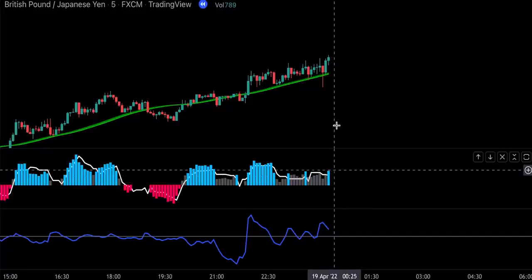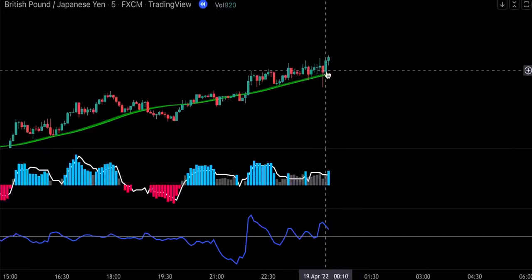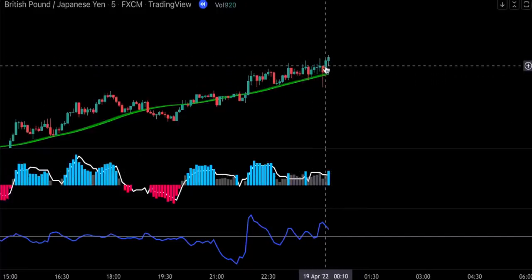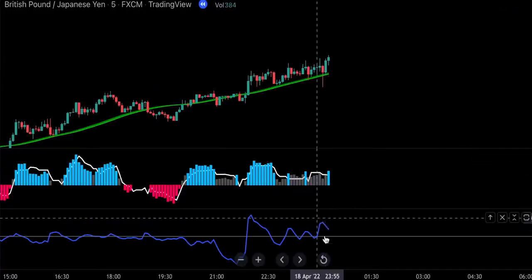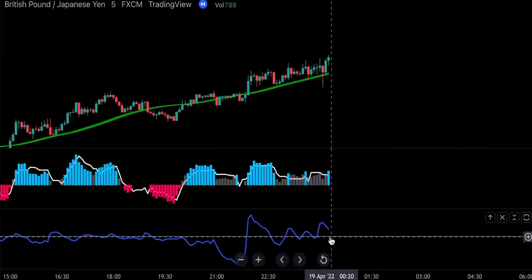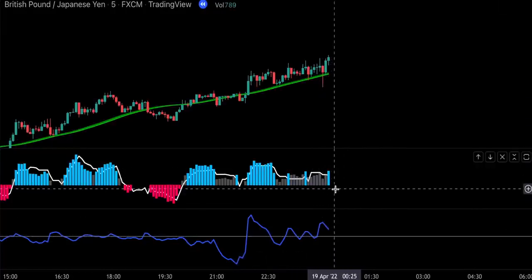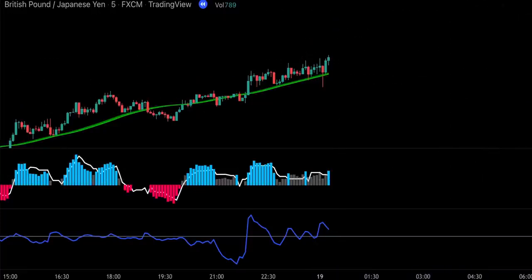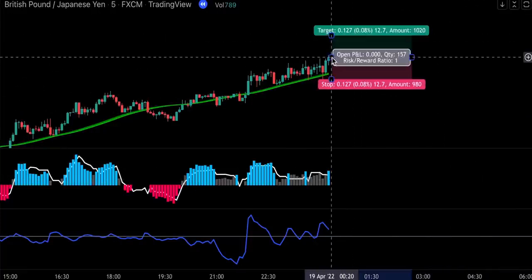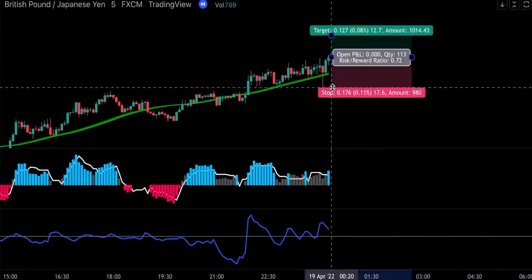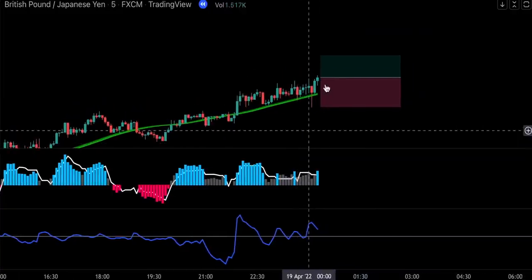Our Hull Suite line has to be colored in green and the price has to close above it. We also need to have sufficient volume in the market, so this volume oscillator has to be greater than 0%. And once we have all these three conditions met, we're going to go ahead and take a long position, set our stop loss at the recent swing low and target 1.5 times the risk.